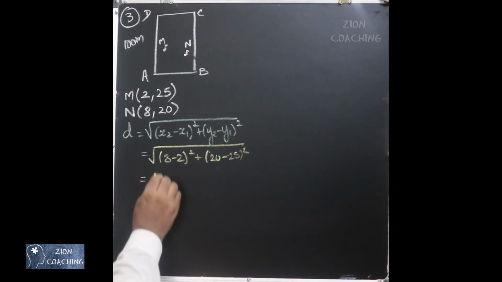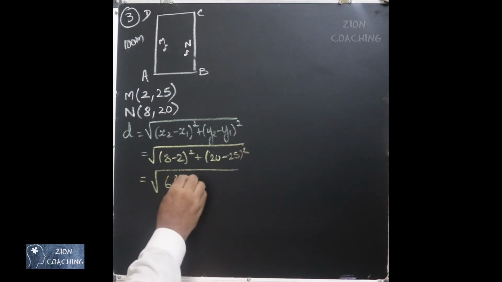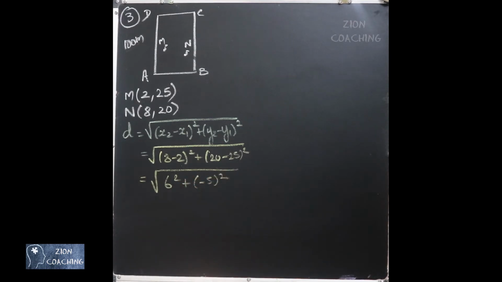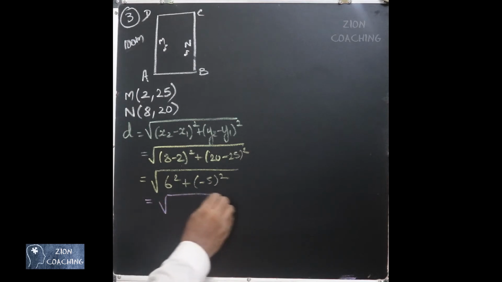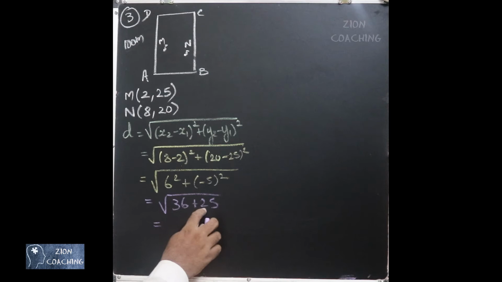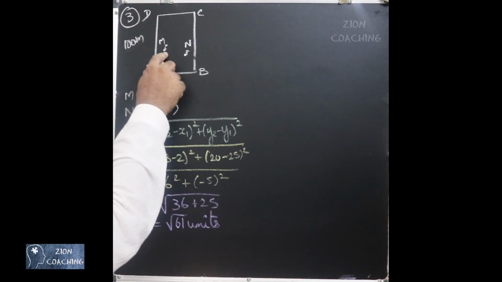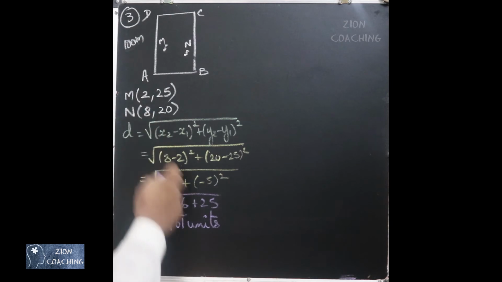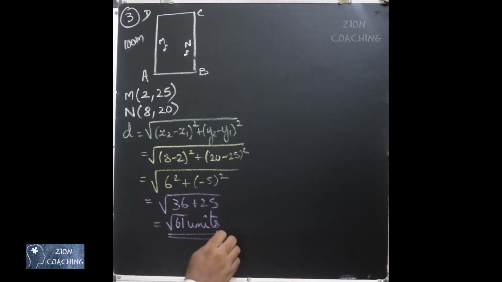That is going to be square root of 6 squared plus (minus 5) squared, which is nothing but root of 36 plus 25. 36 plus 25 is 61. So the distance between the flags, the first student has posted a flag at M and the second student has posted a flag at N. The distance between the flags is root 61 units.